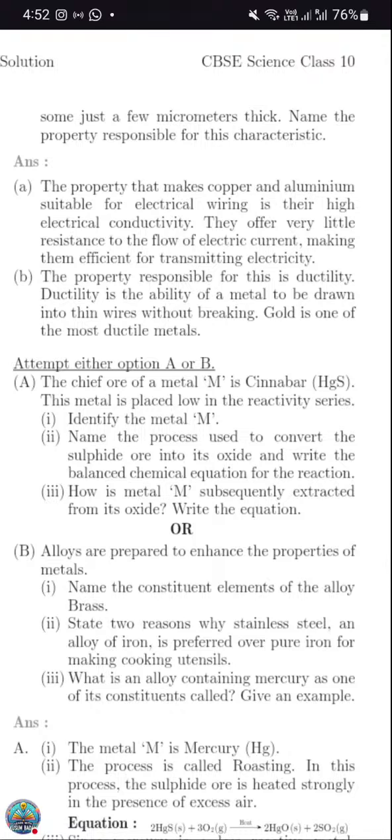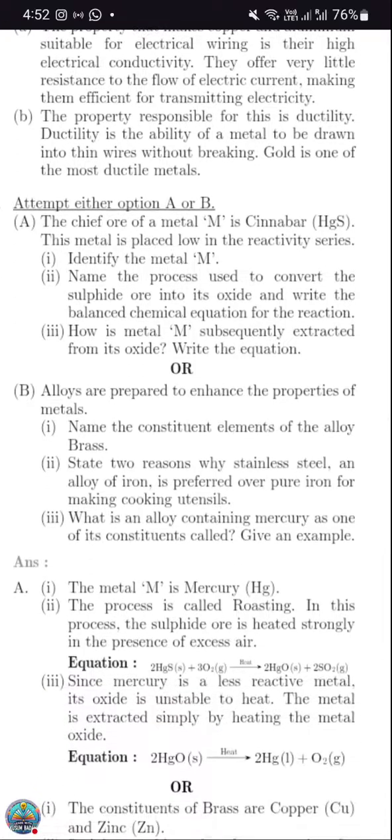The second one, the chief ore of the metal. If you follow the sequence in yesterday's paper, the same sequence was there. The first question was based on physical properties of metals. The second is from metallurgy, so you need to revise the metallurgy part very perfectly. Here, the ore of the metal M is cinnabar, HgS.